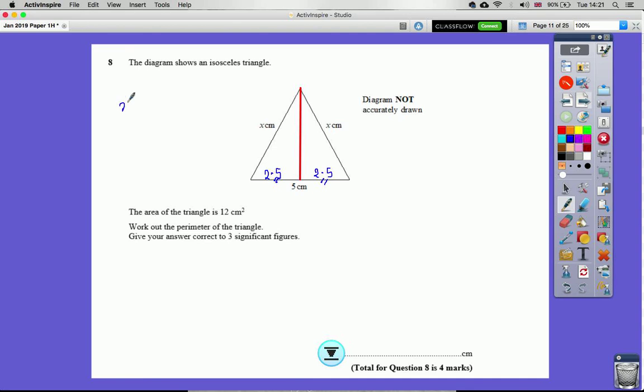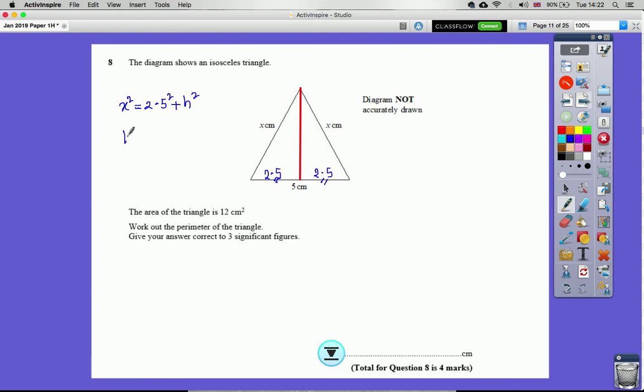So we can write x squared is equal to 2.5 squared plus the height squared, right?